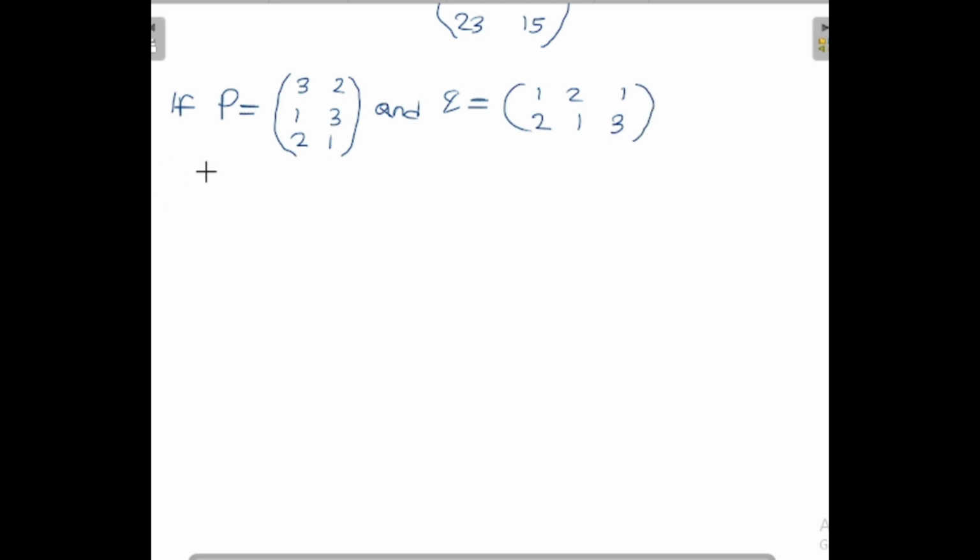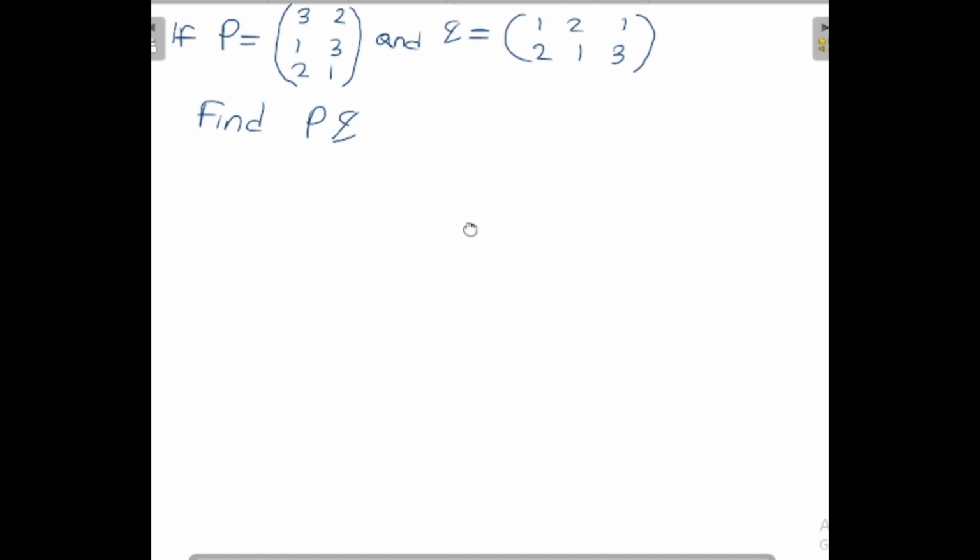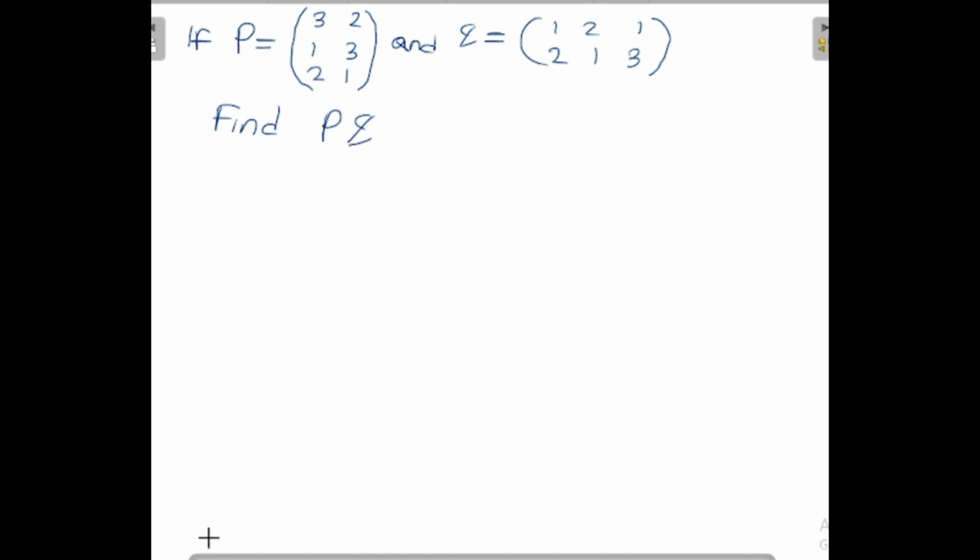Question is that we should find PQ. Find PQ. So we say PQ will be equal to P, 3 2 1 3 2 1, and here is Q, 1 2 1 2 1 3.